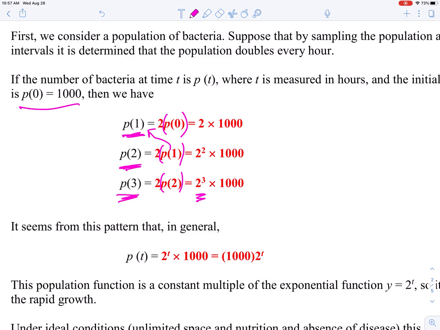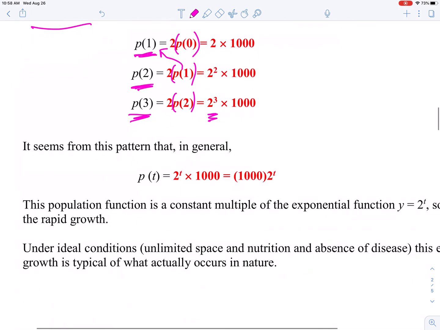Third hour, 2 to the third. Second hour, 2 to the second, etc. So by this pattern, we can write a general equation to model this population. P of t, so time, how many hours past the original. To get that population, it's 2 to the t times 1,000, or 1,000 parentheses 2 to the t.